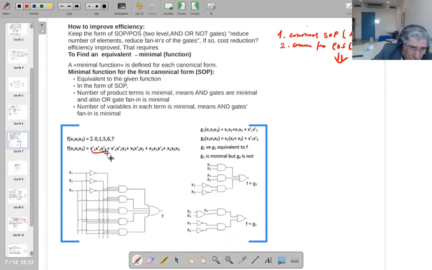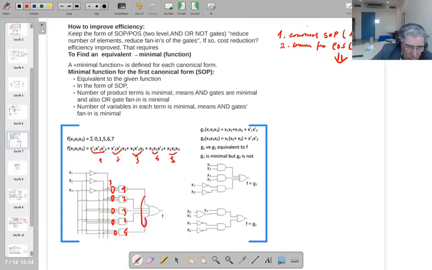For each product term, there is an AND gate here. 1, 2, 3, 4, 5. And the fan-in for these AND gates is the number of variables, which is 3. So this is fan-in 3, 3 here, 3 here, 3 here, 3 here. And the fan-in of the OR gate is the number of product terms: 1, 2, 3, 4, 5.